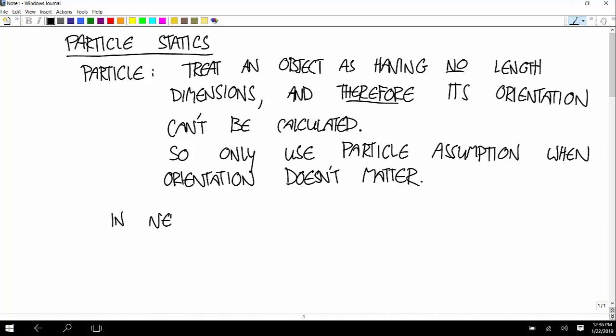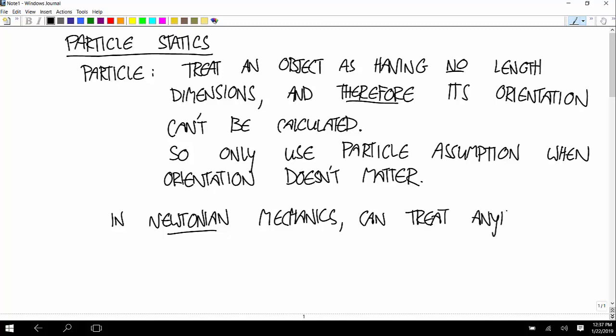In Newtonian mechanics, you can treat anything as a particle. You just don't get orientation information, which is a big thing to give up in a lot of cases.